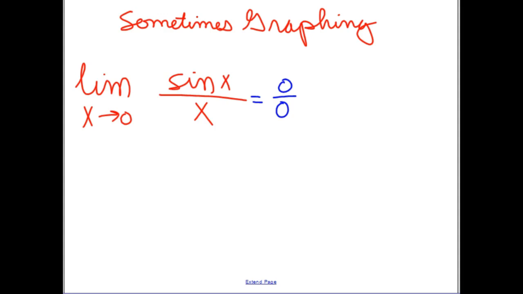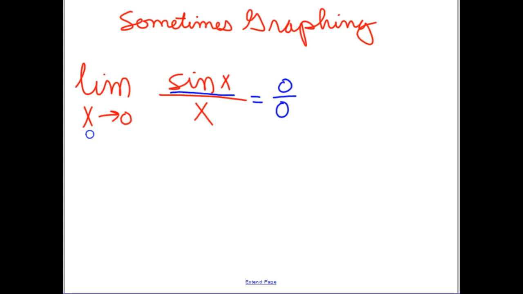Sometimes, if your calculator is active, if you got your calculator with you and it's asking about a limit, just graph it. Now, again, if I take 0 and I plug it into the sine of 0, it is 0. Take 0 and plug it into there, you get 0. And by golly, you get 0 over 0. So that's that indeterminate type. But graph that on your calculator, and look what it looks like. Put it into radians, and graph that thing.